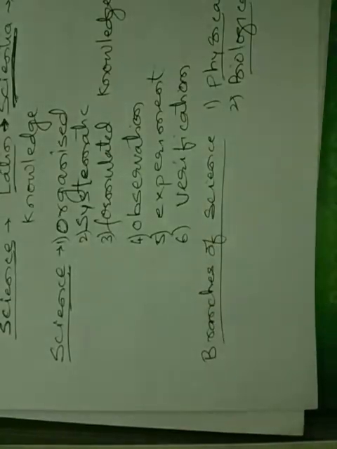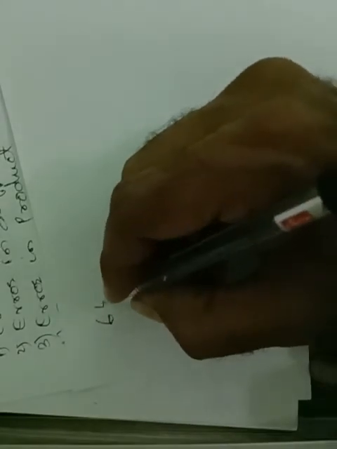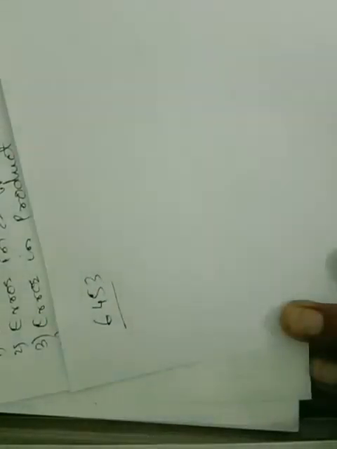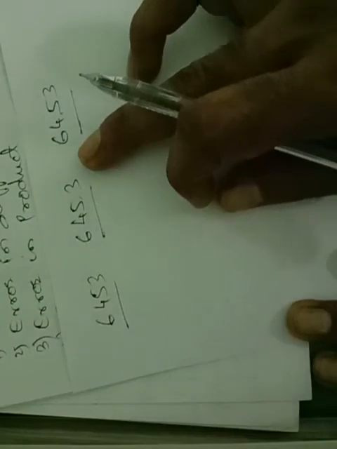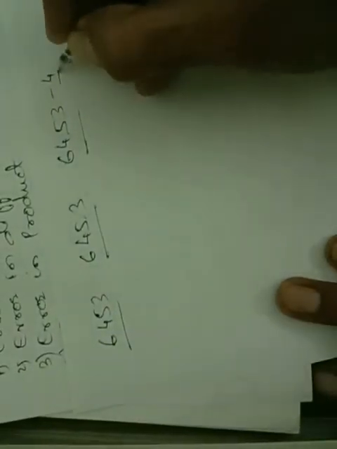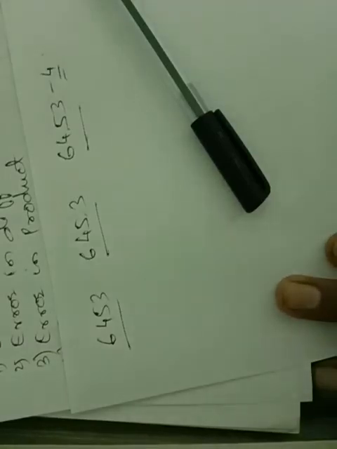Means suppose I write 6453, or I write 645.3, or I write 64.53, in all these 3 cases, how many significant figures are there? 4 are there. All are non-zero, so these are called 4 significant figures. Okay, we will see this in detail later.